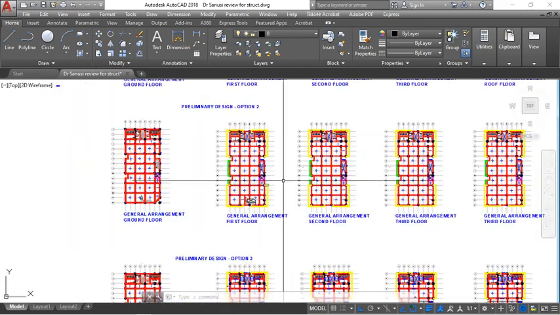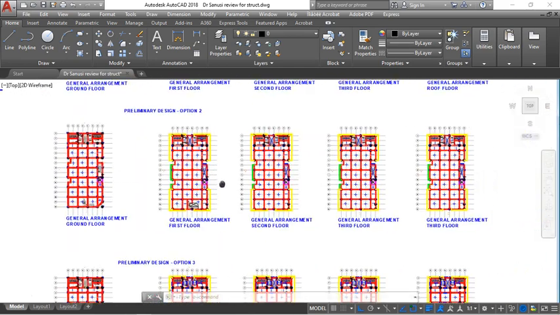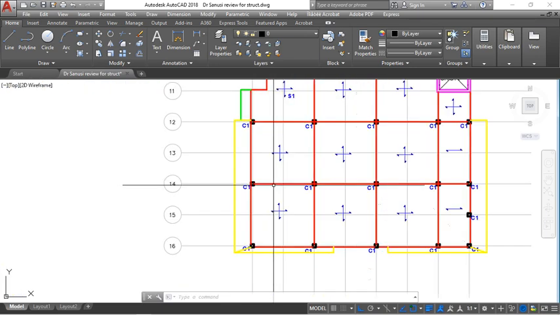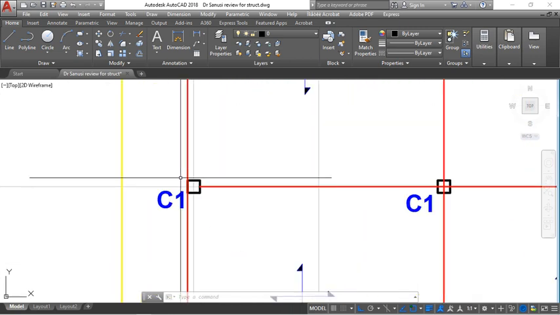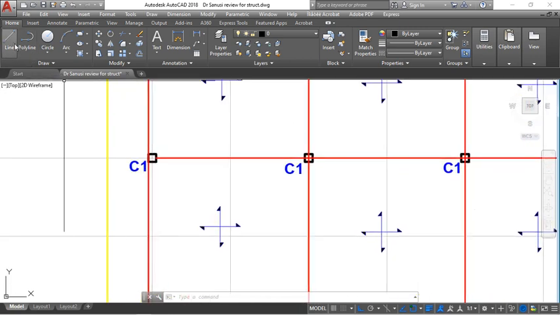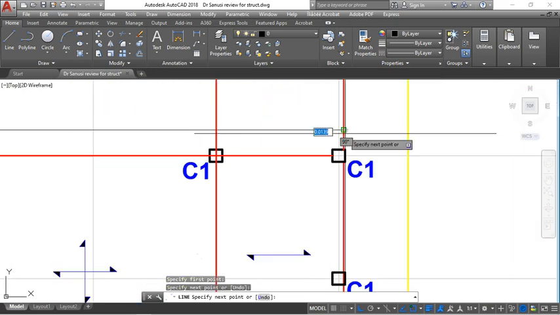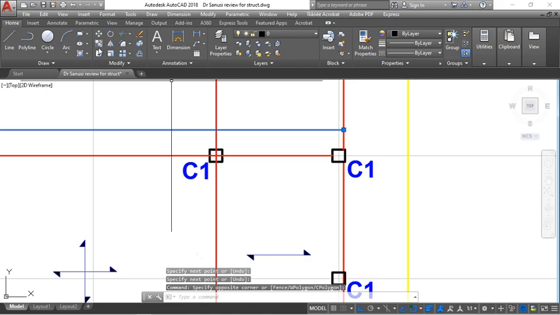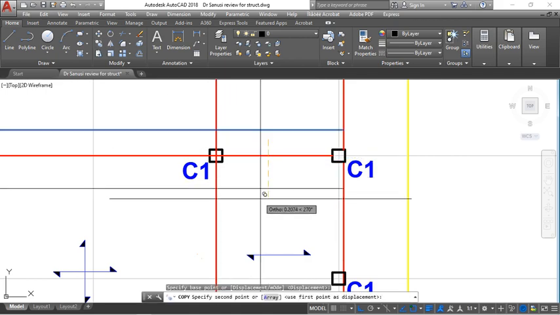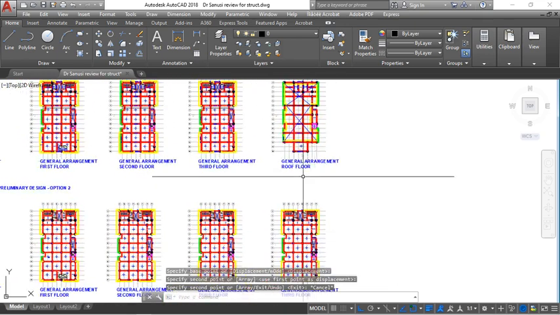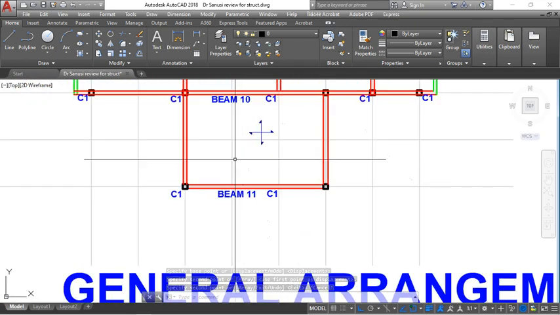But in this option, by the time you get to the roof level, you will have some challenges whereby you might have to introduce a beam at this place, or probably you introduce a drop beam that will extend like this up to this point. Then you have the same, it will not be a kind of drop because of that roof level arrangement where this slab is being placed.